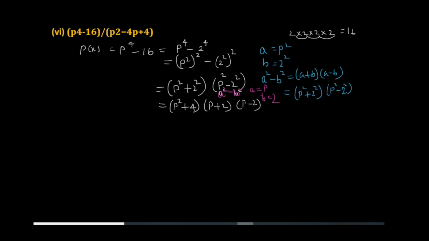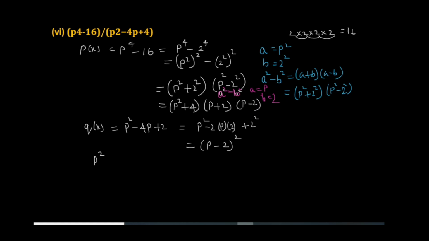So p plus 2, p minus 2. These are the factors for the numerator. For the denominator q of x, p squared minus 4p plus 4 is nothing but p squared plus 2 squared, middle term 2 into p into 2, 2 2s are 4, which is nothing but p minus 2 the whole square.